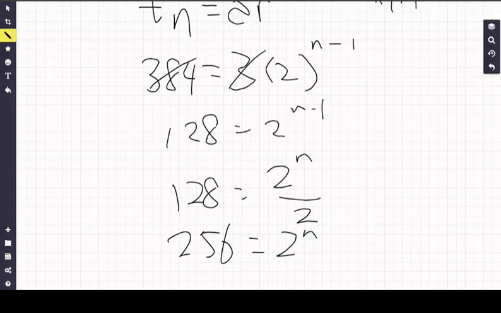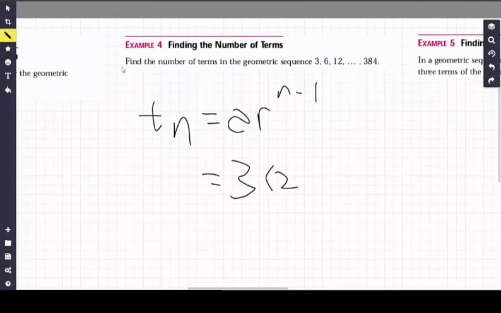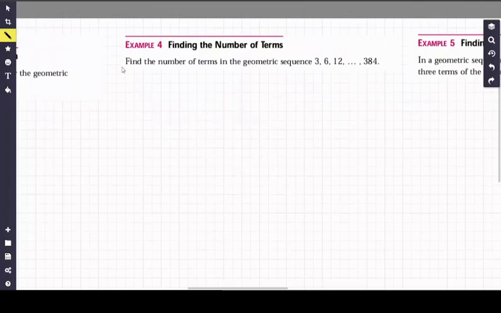And then you isolate, so log 256 over log 2. And you divide that, and it should give you 8 as well. So essentially n equals 8. There's 8 terms. Yeah, you should get the same answer no matter what method you do.